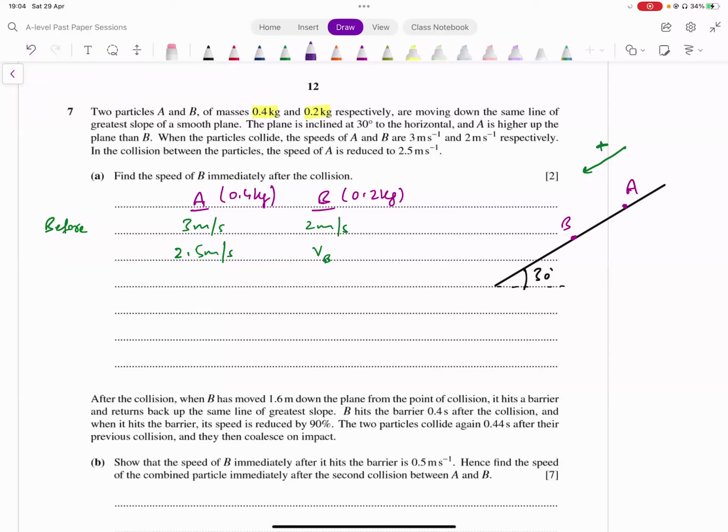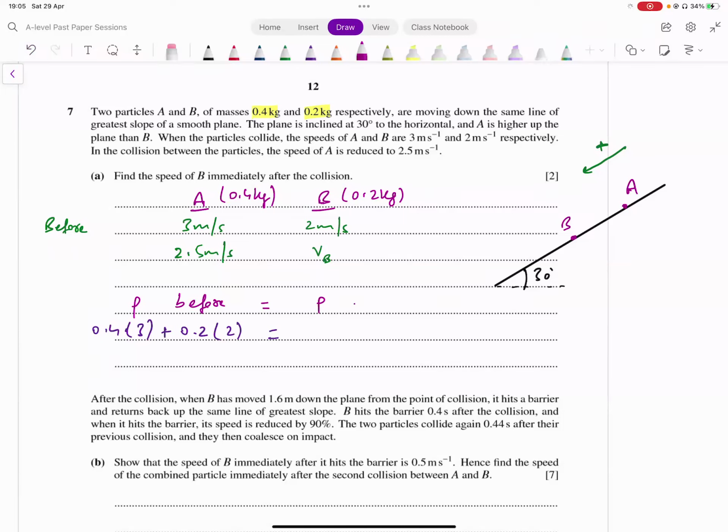Momentum before collision. What's that? 0.4, that's the mass of A into velocity of A, which is 3, plus 0.2, the mass of B into velocity of B, which is 2. This is momentum before collision. After collision, what will the momentum be? Let's write it here, in fact, just to make sure you know what we're doing. This is momentum before collision.